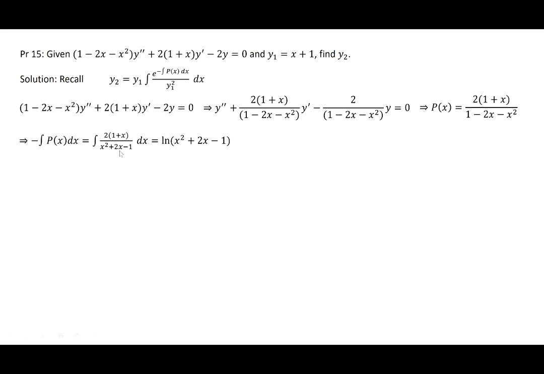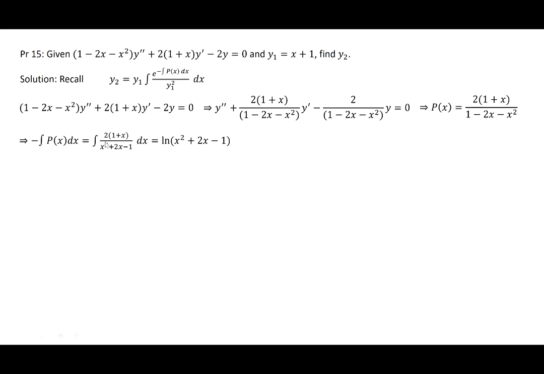If we do a u substitution, u equals the denominator, would we get du to be 2x plus 2, the quantity times dx? Isn't that 2 times x plus 1 dx, which is what the top is?